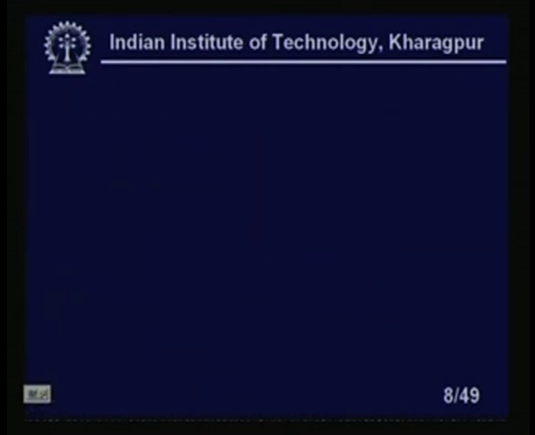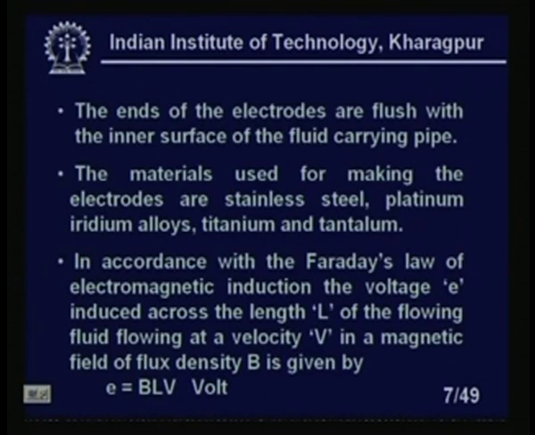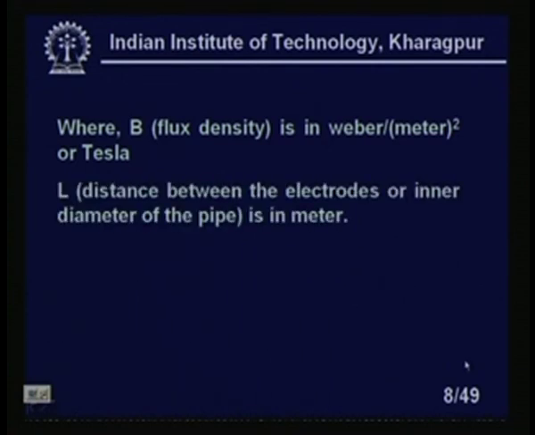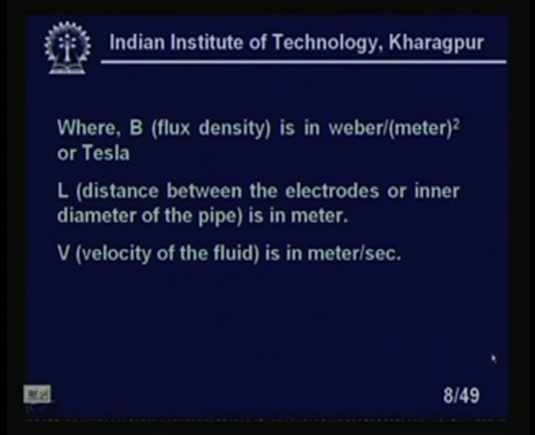Here B, the flux density, is in Weber per meter square, which is Tesla, L is the distance between the electrodes or inner diameter of the pipe in meters, and V, the velocity of the fluid, is in meters per second. If you use all these units, you will find that the output voltage will be in volts.